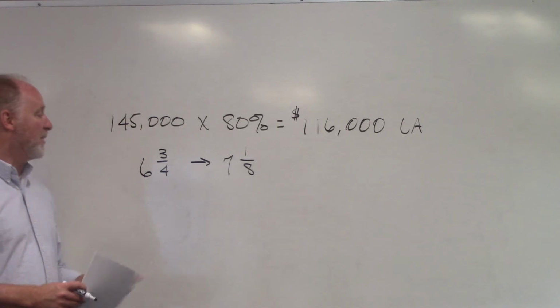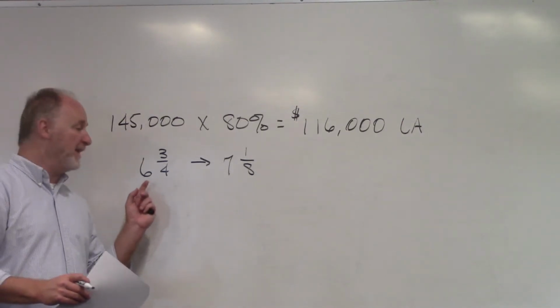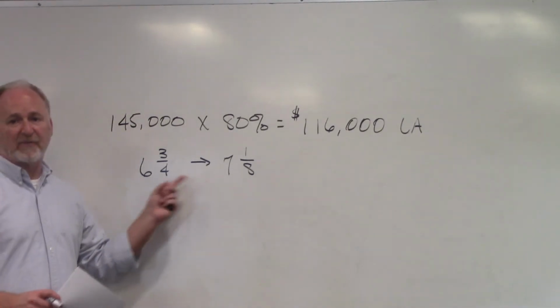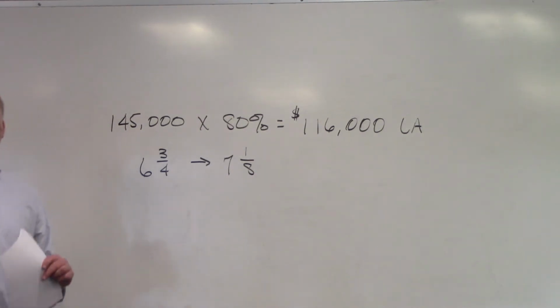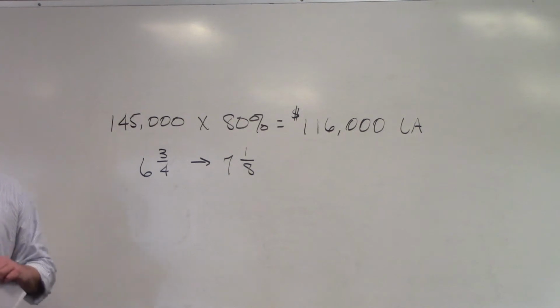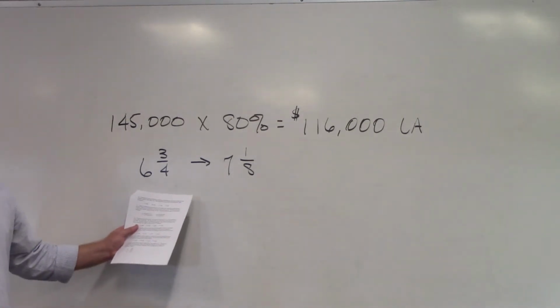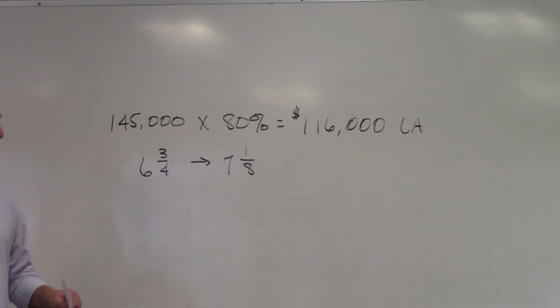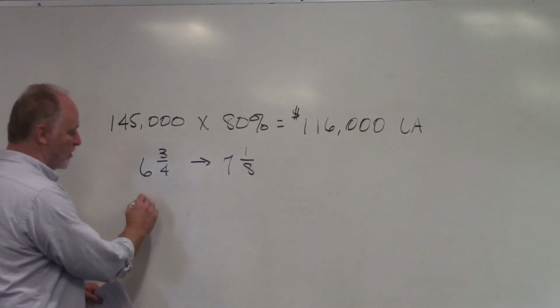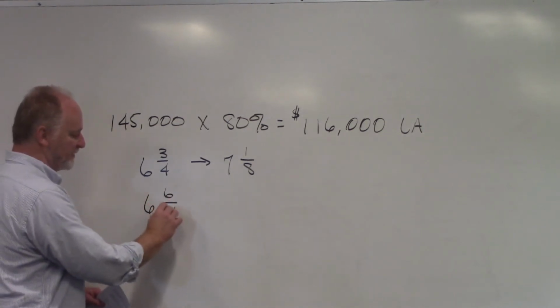So at the end of the day, what I'm trying to find here is how many eighths it takes to get from 6 3/4 to 7 1/8. I'm going to give you a simple version first, and then I'll go back and give you a version that's a little more difficult to do, but it also tends to always be correct. Whatever you do, convert your fractions to eighths. Discount points are pieces of 8. So 6 3/4 becomes 6 6/8.